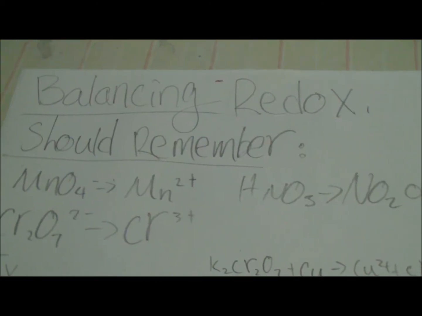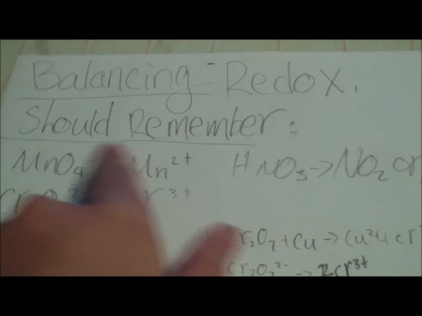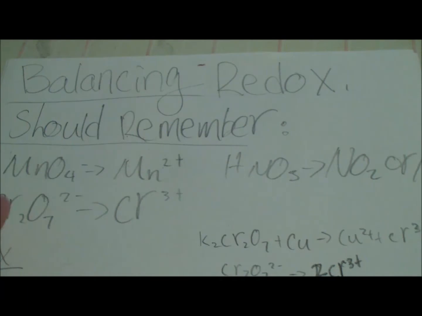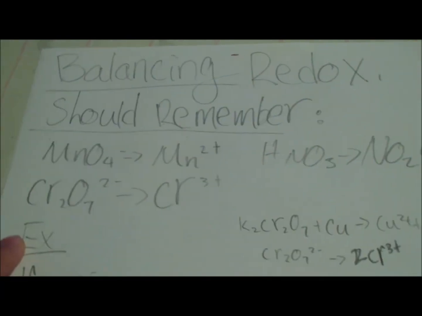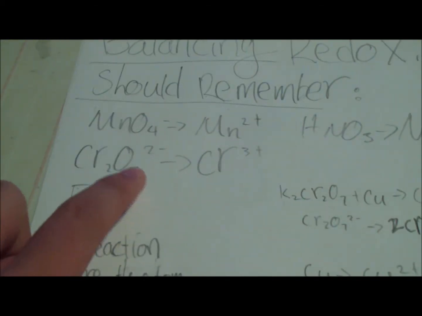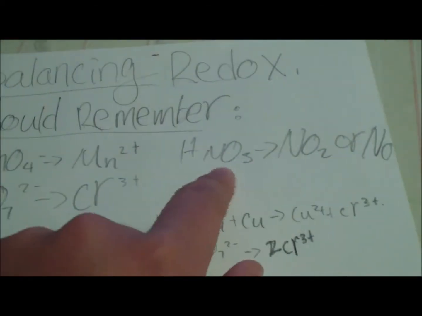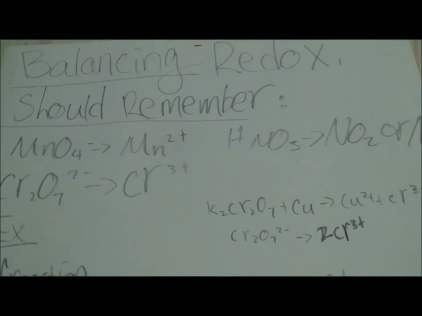Now let's move on to balanced redox. First, we should remember these three compound ions: MnO4 minus, Cr2O7 2 minus, and HNO3. We should also know what they become.